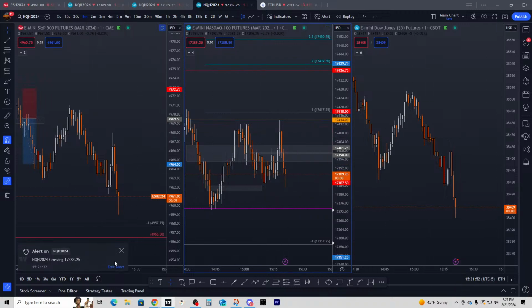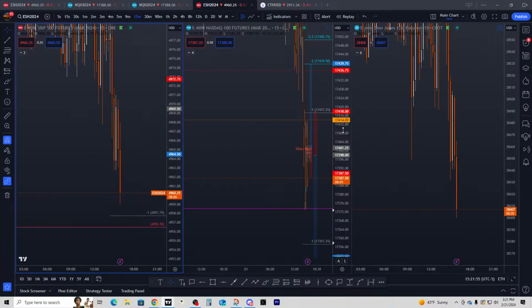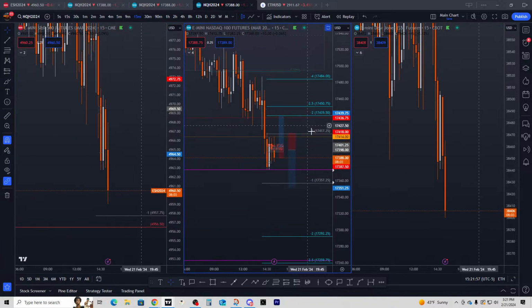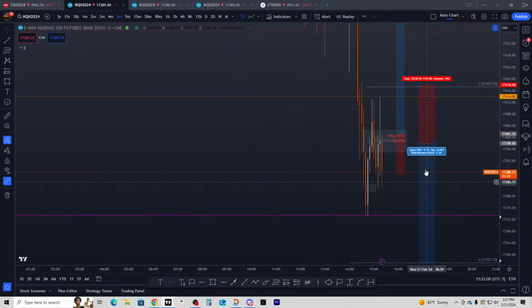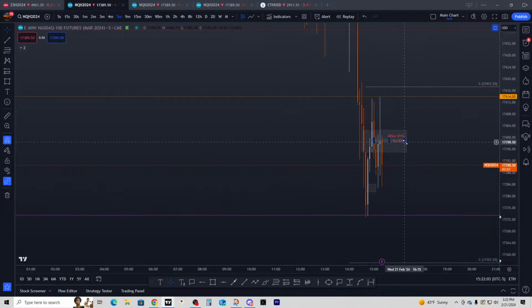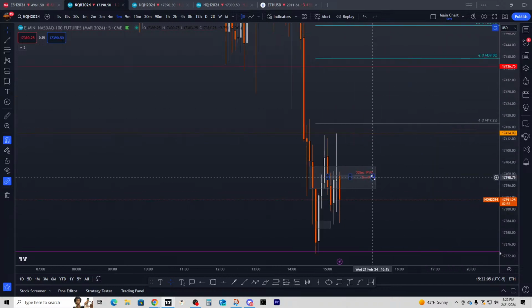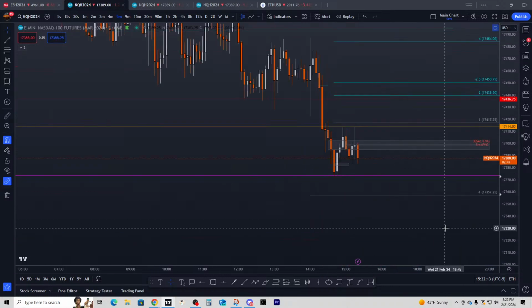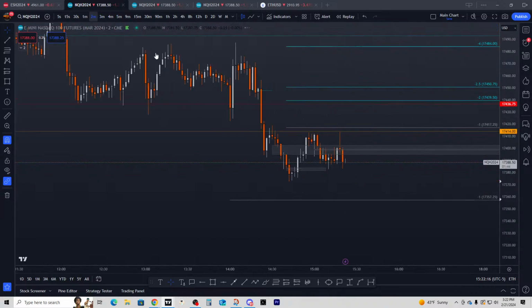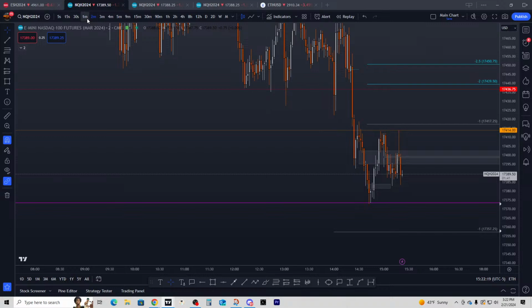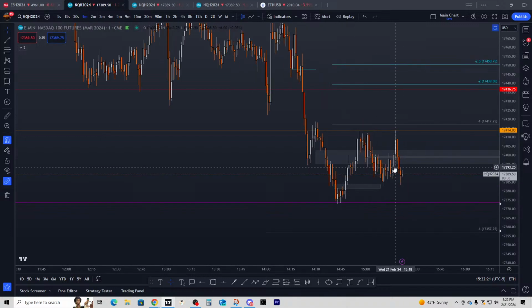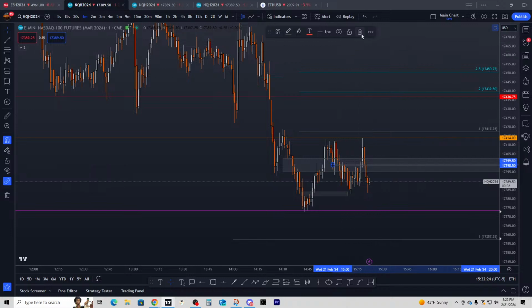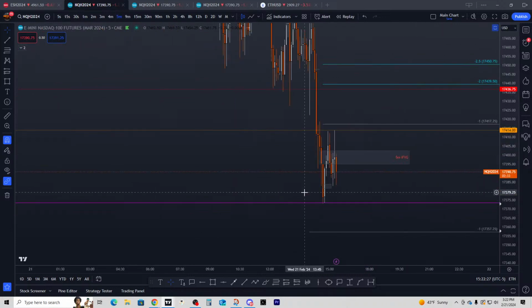Just tape read it here. Back down below that 5-minute inversion again.